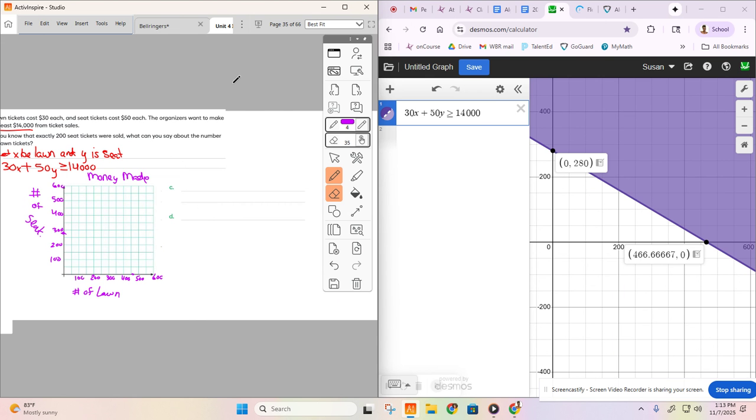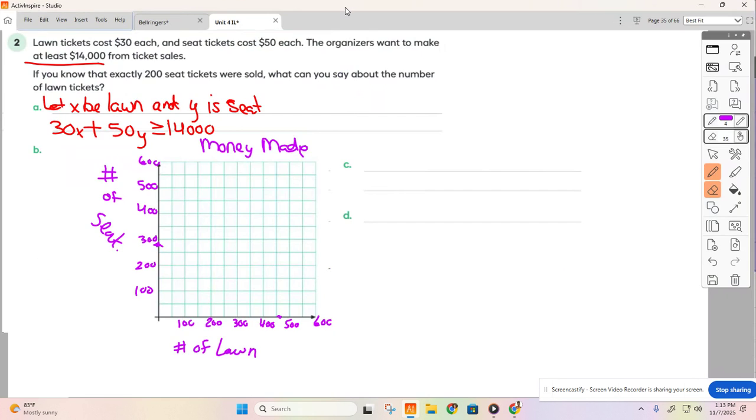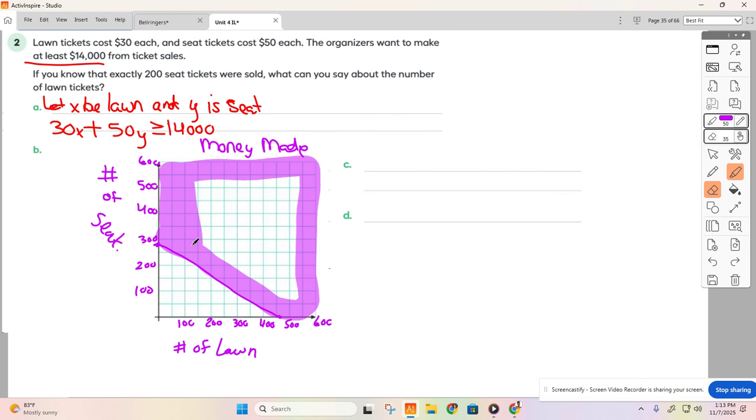What kind of line does it have? Solid. So I'm going to use a solid line to connect this. And this time the shading happened above the line. So we're shading above because we were trying to go greater than or equal to. Greater than goes above the line, less than goes below the line.